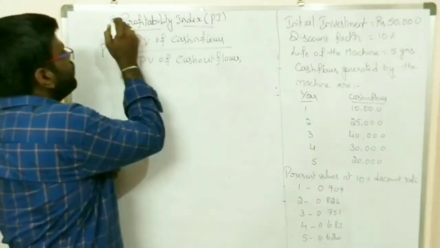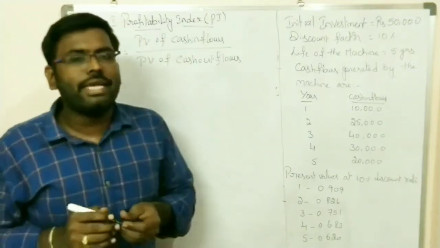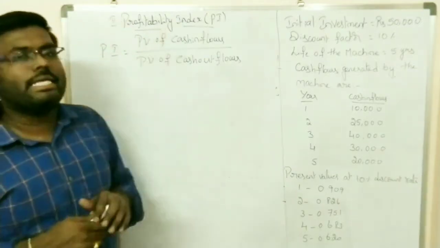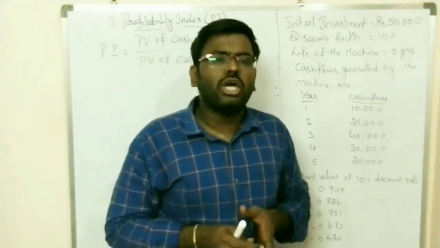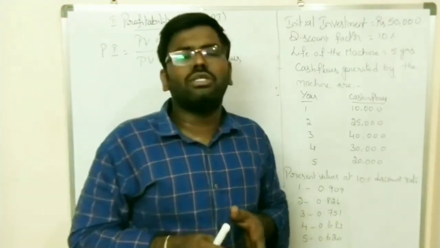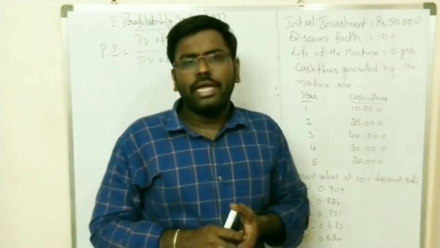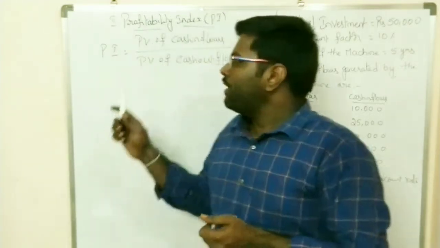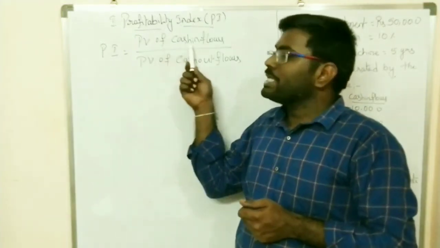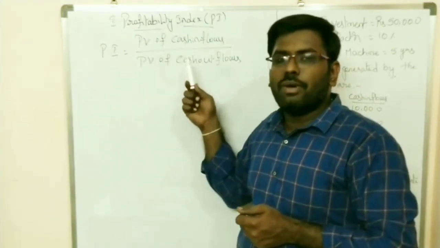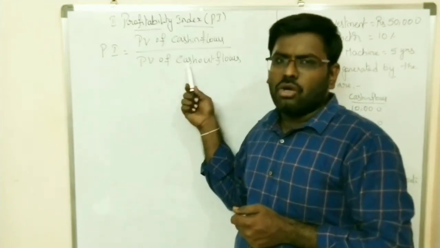The second method of the modern techniques of capital budgeting is the profitability index. Here also we consider the present value of cash inflows as well as the present value of cash outflows. The formula we use for calculating the profitability index is present value of cash inflows divided by present value of cash outflows.